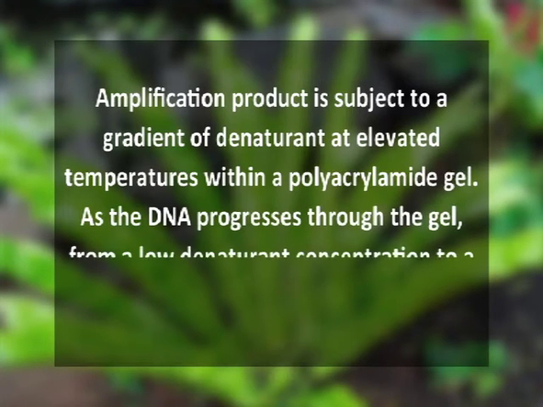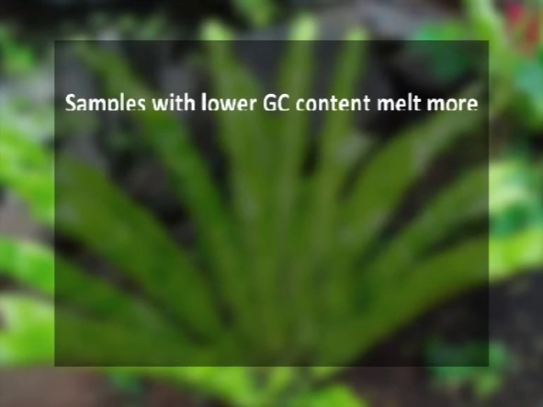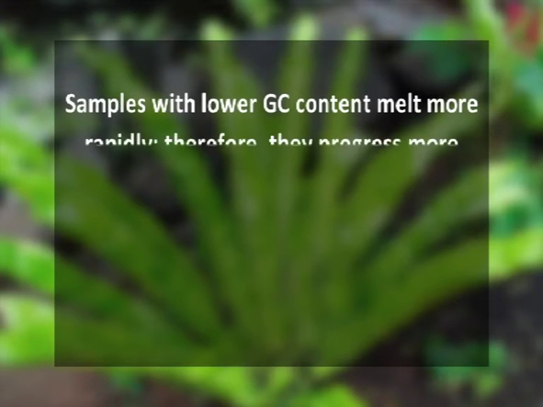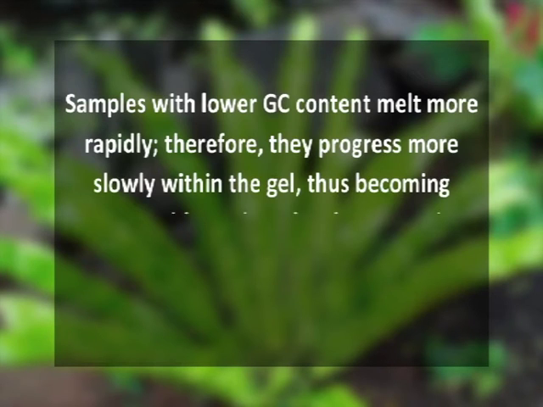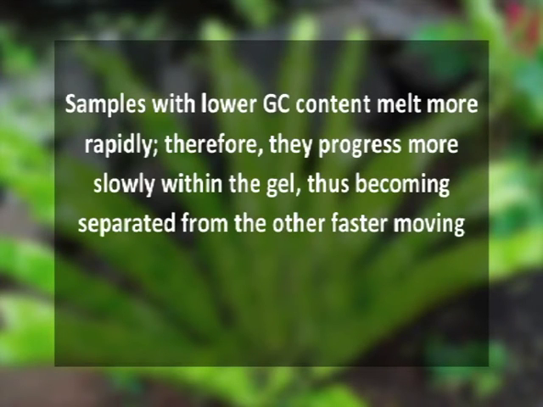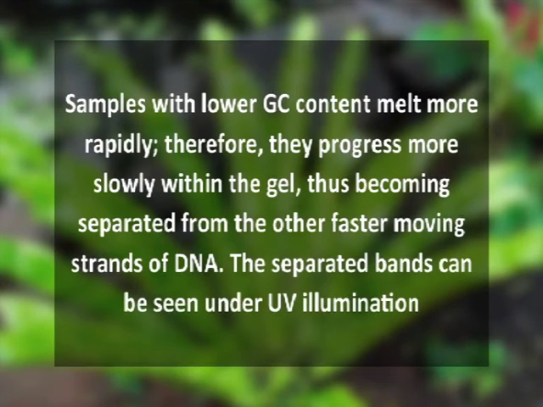As the DNA progresses through the gel from lower denaturant concentration to a higher one, it starts to melt. Samples with lower GC content melt more rapidly, therefore they progress more slowly within the gel, thus becoming separated from other faster moving strands of DNA. The separated bands can be seen under UV illumination.